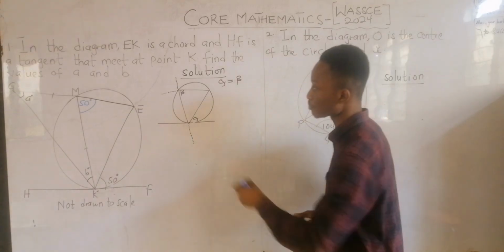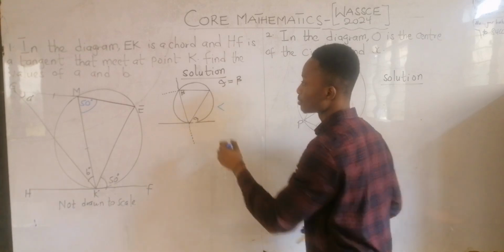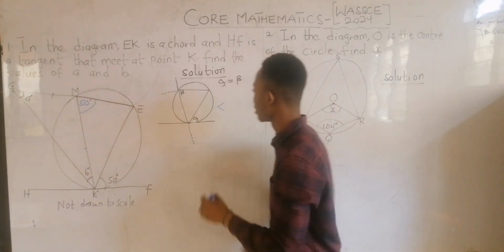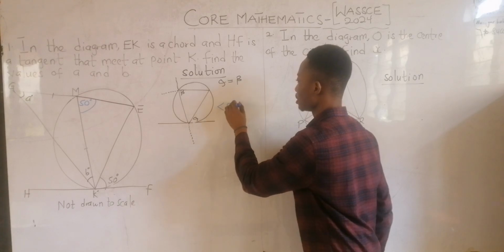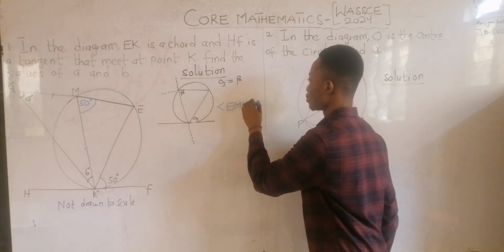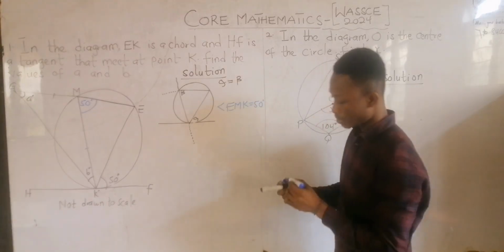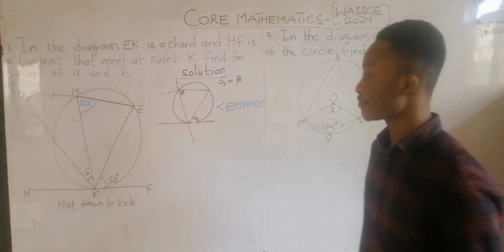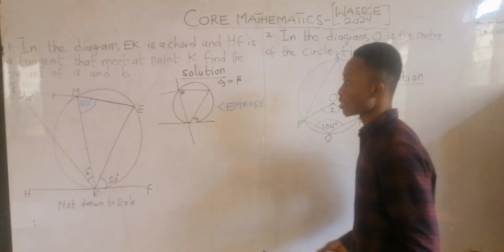So here we will say, let's call this EMK, angle EMK is equal to 50 degrees. That's the first step. So we've been able to identify one of them. That is one point. So now let's continue.